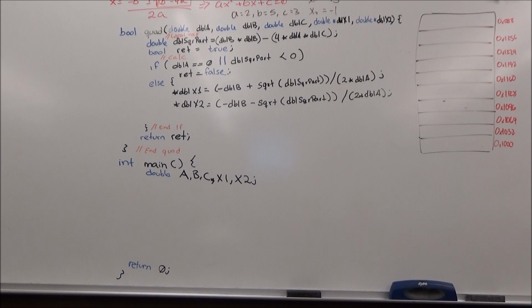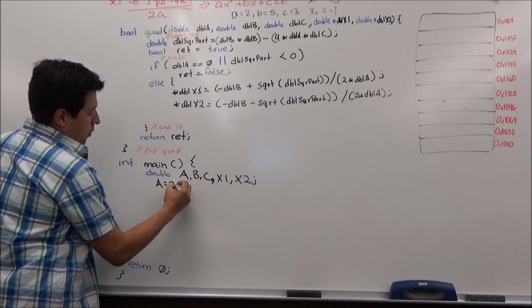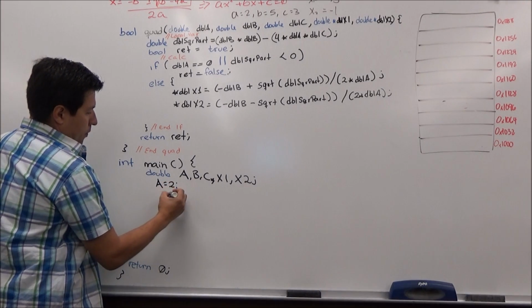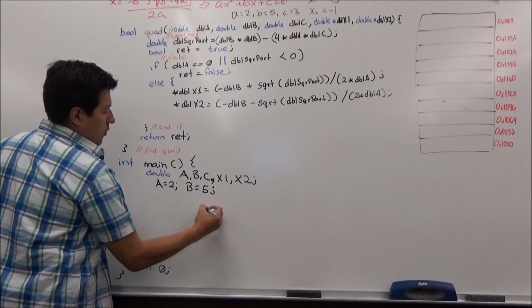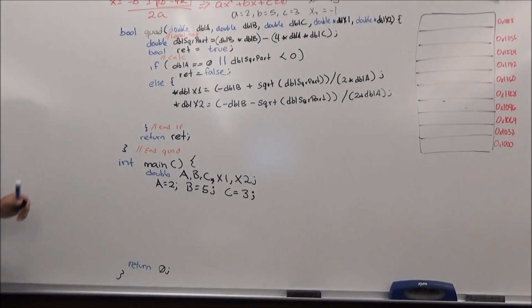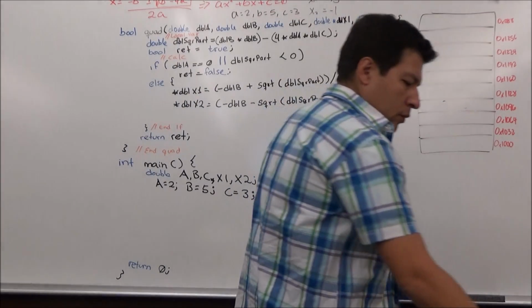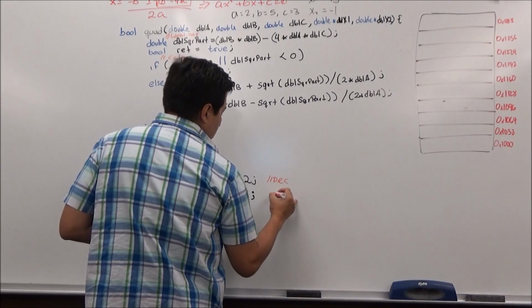So you go ask the user for the values A, B, C. And the user entered those values. So A equals 2. I'm gonna put them next here so you can see from the back. Okay. So that's what the user entered. So this is your declaration, this is the input.